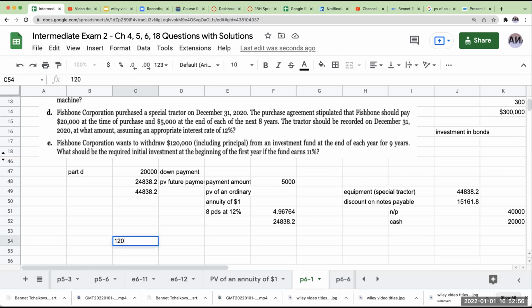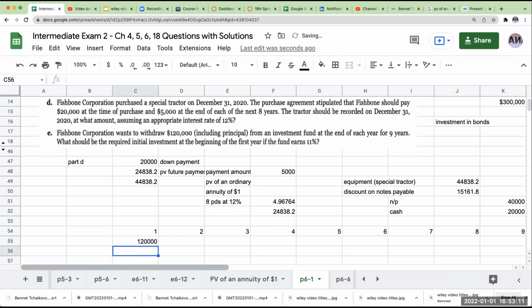So I've got here 120,000. I'm going to be withdrawing every single year for 9 years.